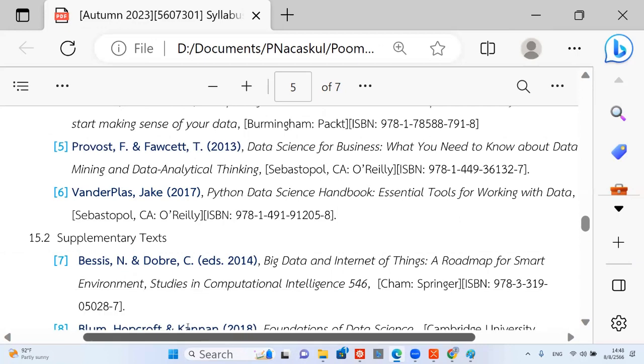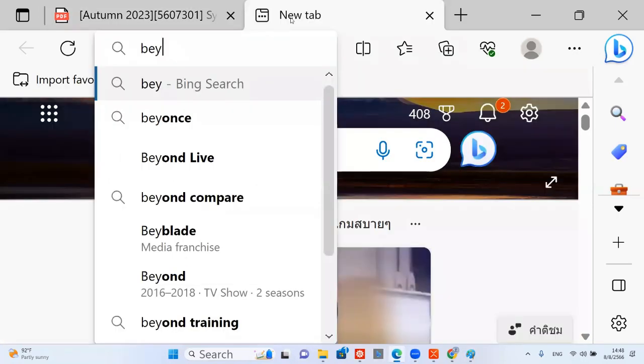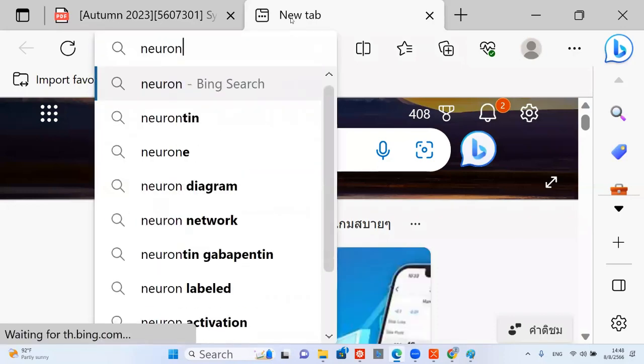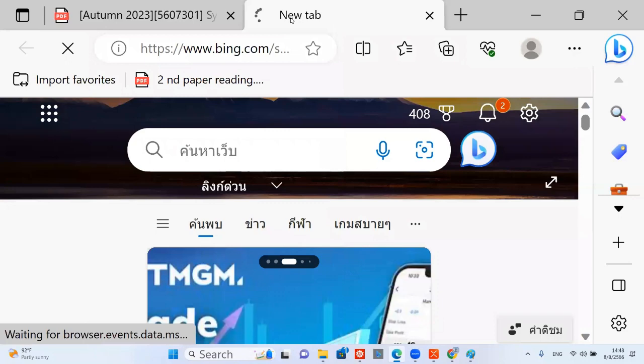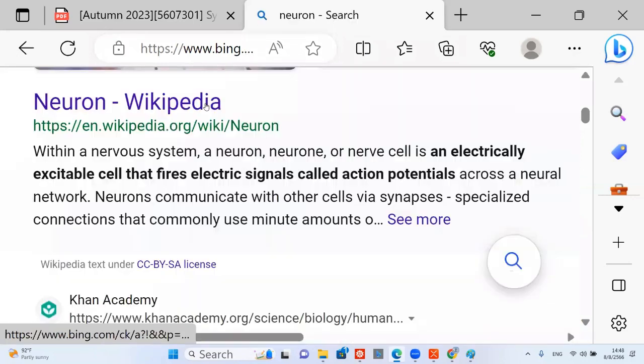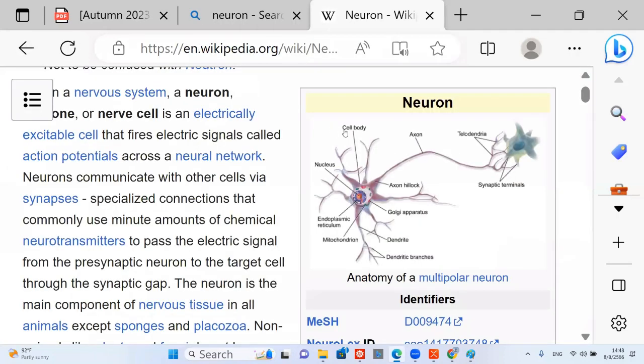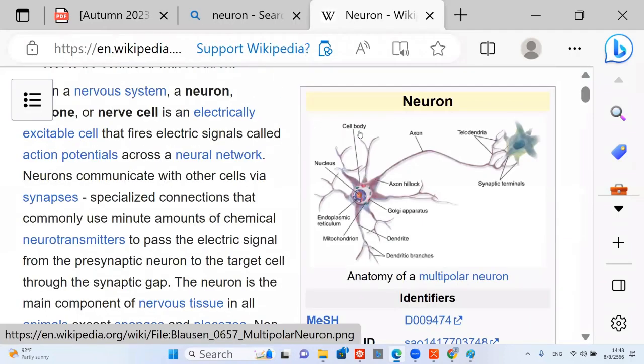Tell you what, let's go to the internet, because I don't want to draw a picture from scratch. Neuron. Okay, let's look at this one. Wikipedia, neuron.